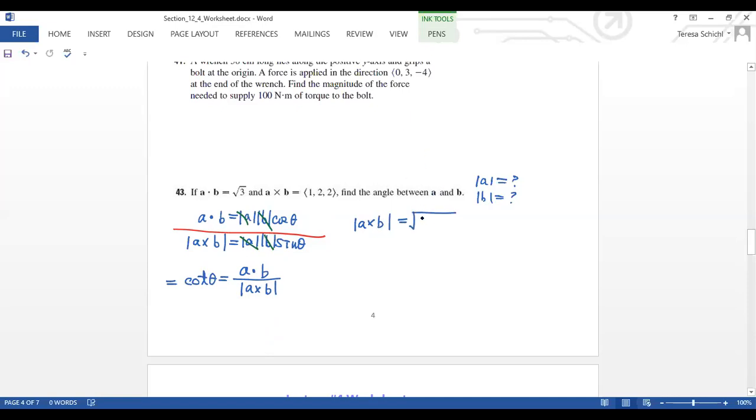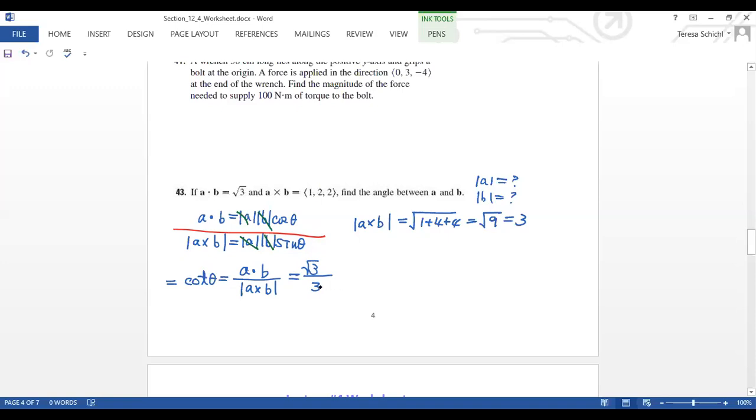It will be the square root of 1 plus 4 plus 4, so it's the square root of 9, so it's 3. And the A dot B is the square root of 3, right?